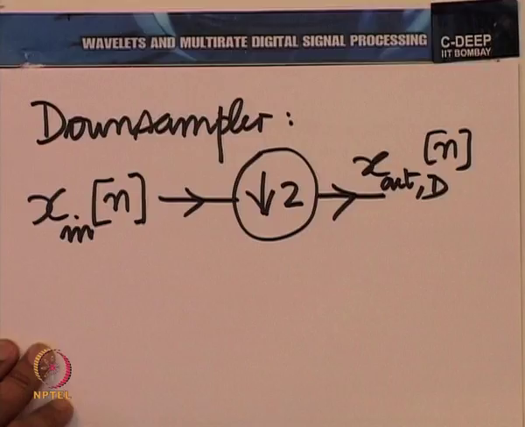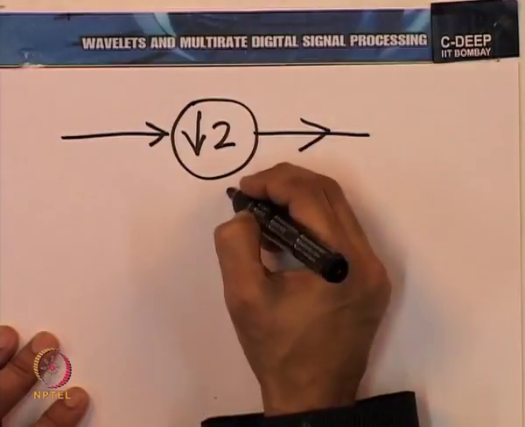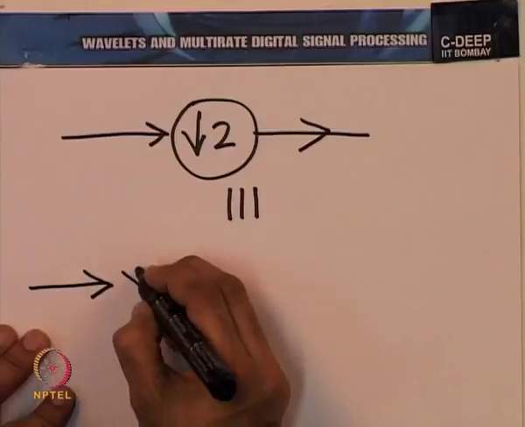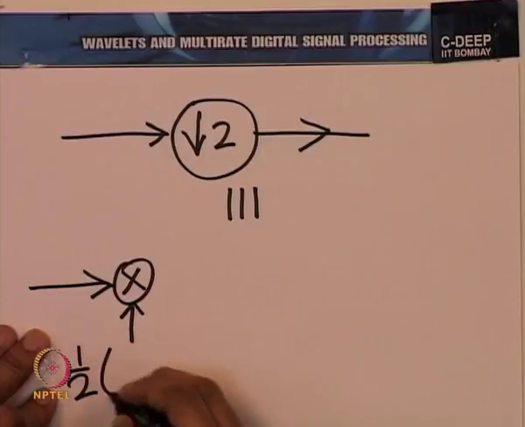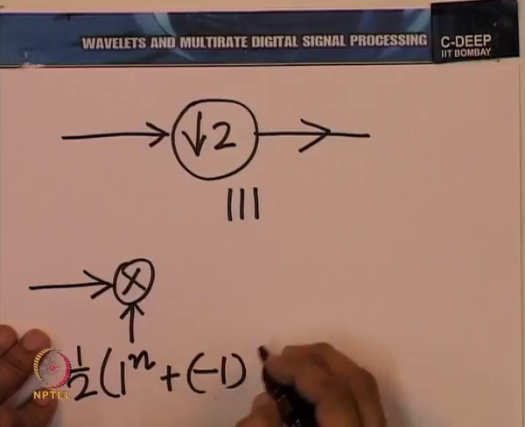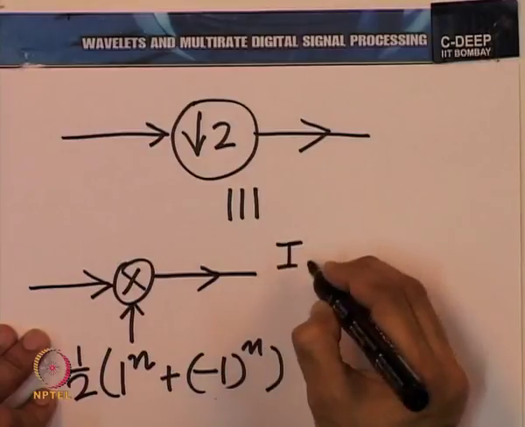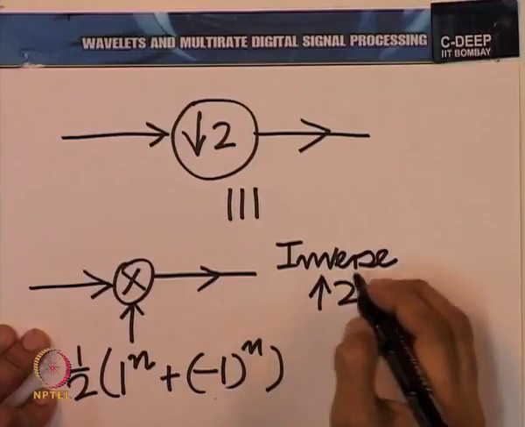So, we had agreed that this operation of downsampling by 2 can be split into modulation with half 1 raised to the power of n plus minus 1 raised to the power of n first, followed by inverse upsampling by 2, inverse.